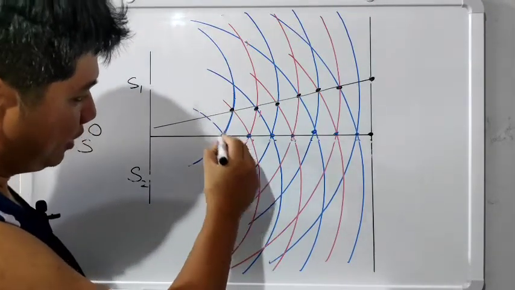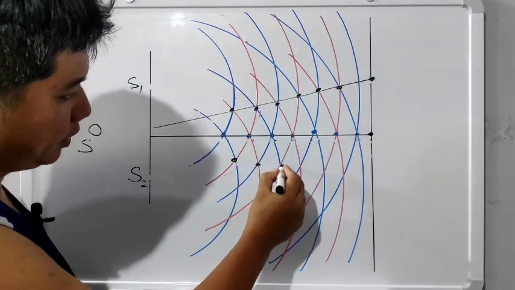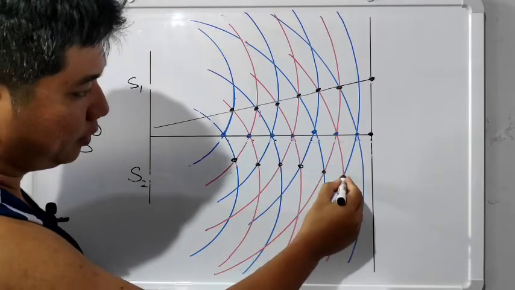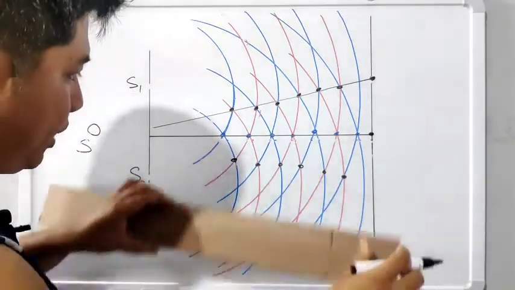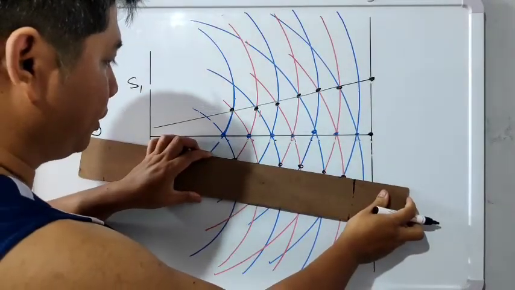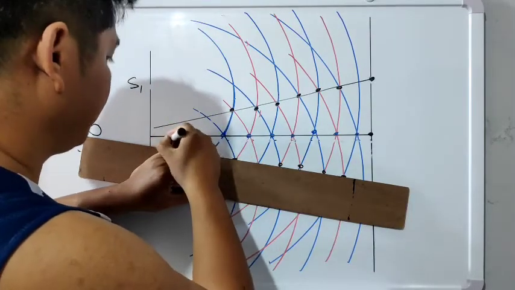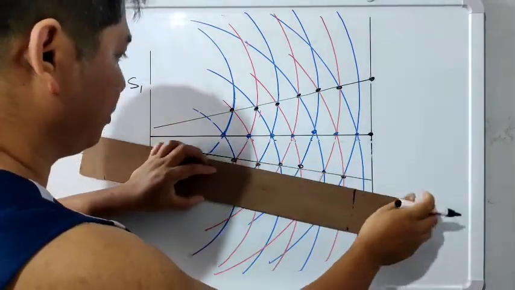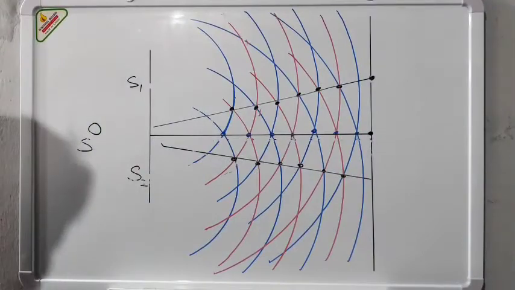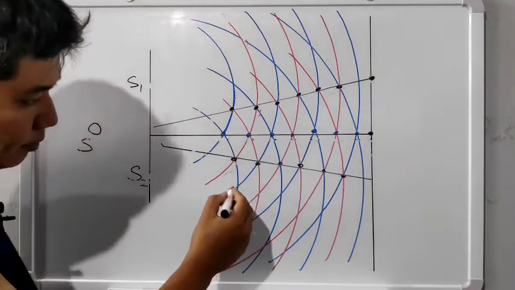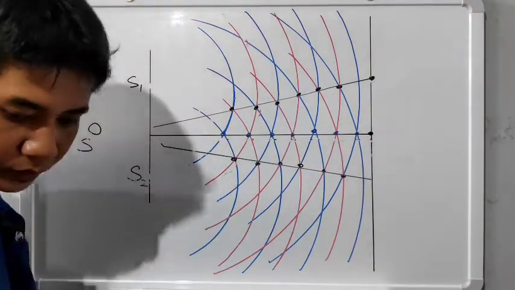Again, maxima and minima, maxima, minima, means blue and red meet at these points. Again, here.